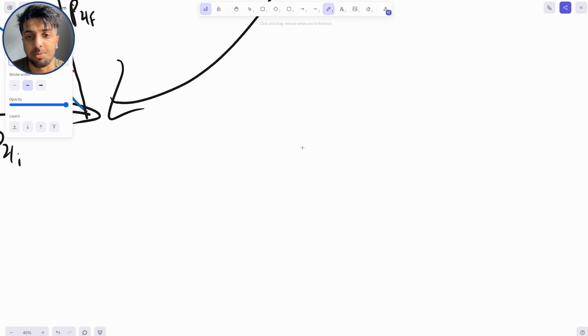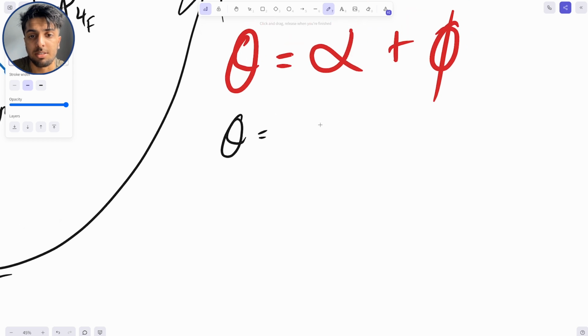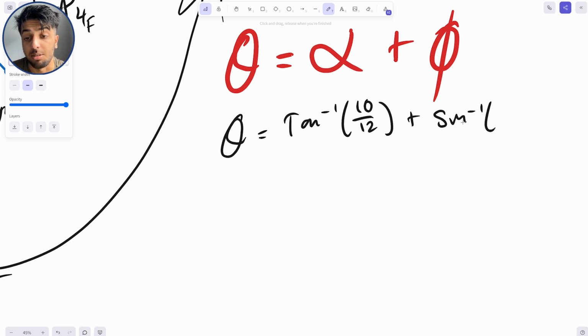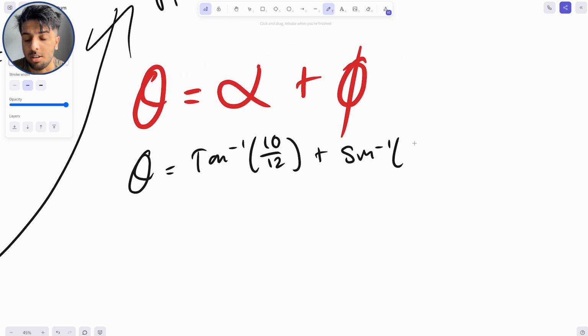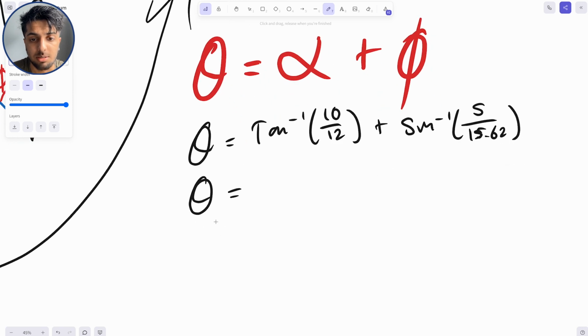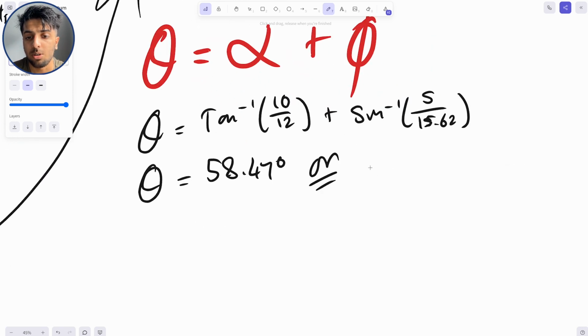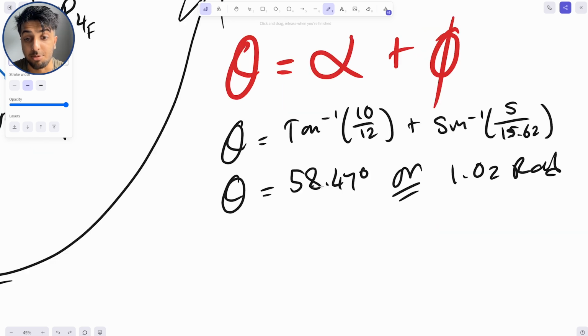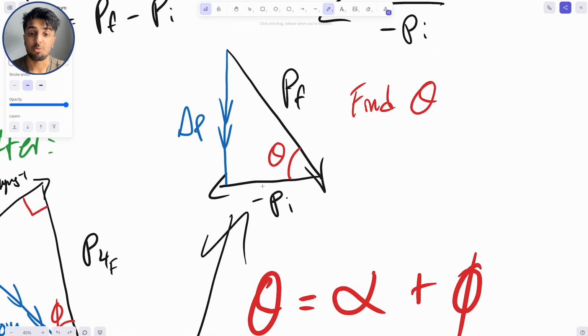And so that means theta is equal to inverse tan of 10 over 12 plus inverse sine of 5 over 15.62. Right? And so putting that in the calculator, we get 58.47 degrees, or 1.02 radians, which is what I prefer to work in. Okay, so we know that this is 58.5 degrees, and so we can work this out.